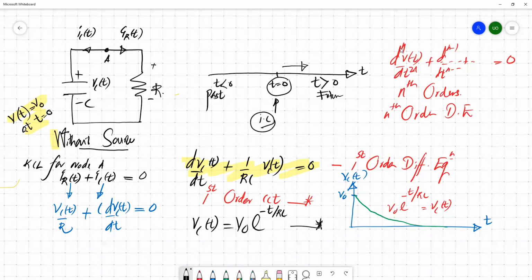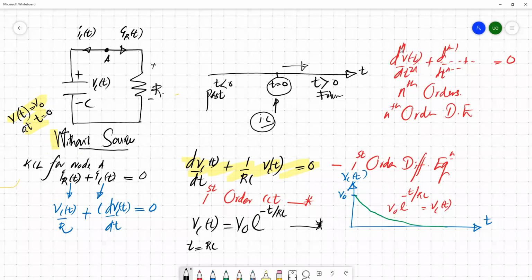So we'll discuss the time constant also here. What happens when t equals RC? You can simply obtain this value by multiplying the R value with the C value.